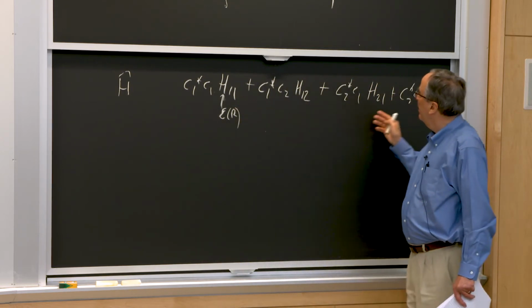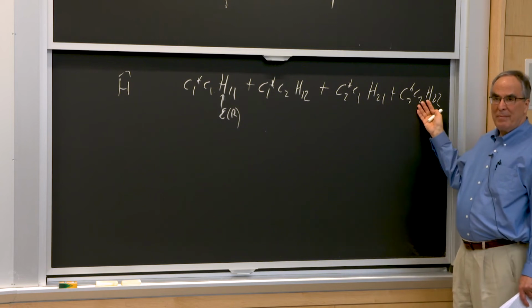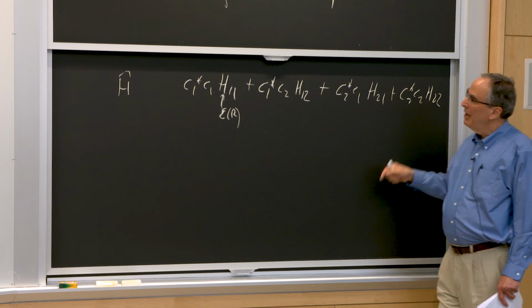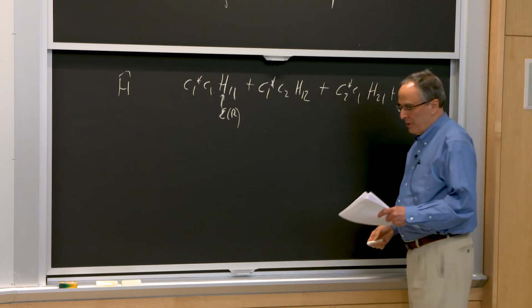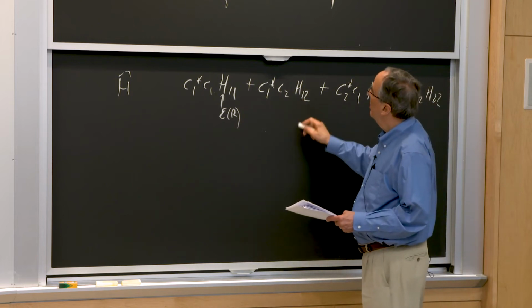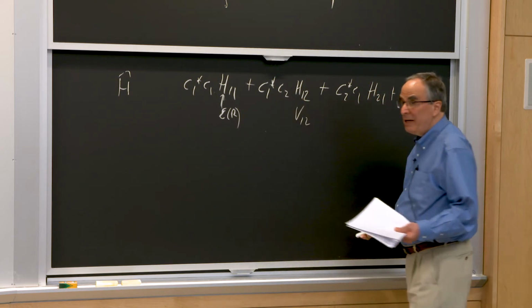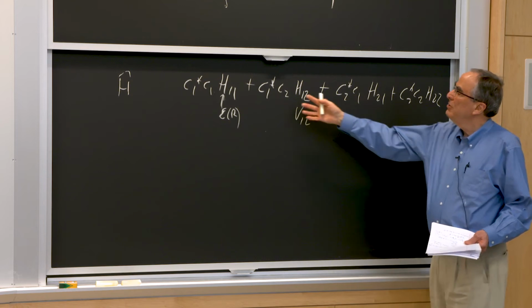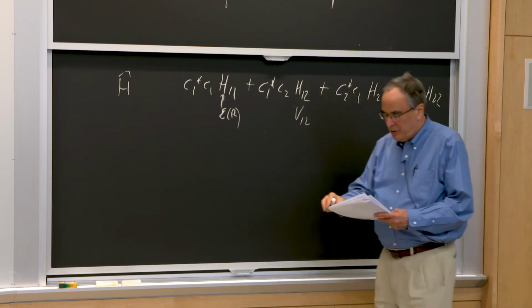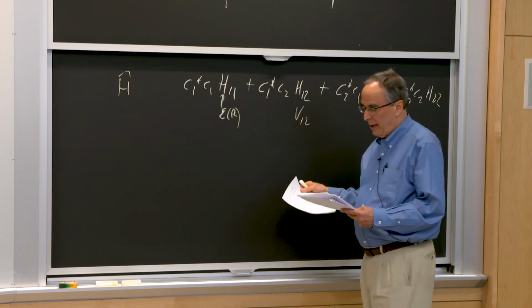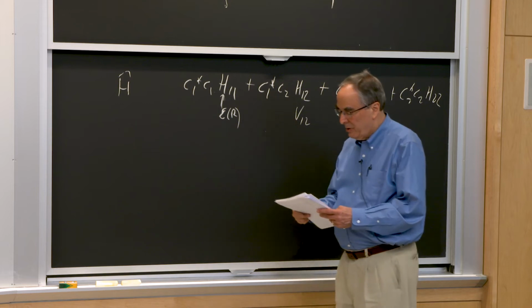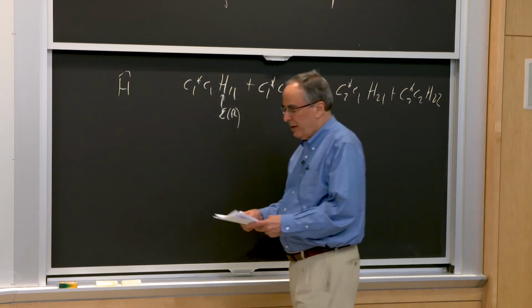But this guy is the same, because it's homonuclear. And this, well, we can call it V12 or V, and these two guys are the same thing. So we've reduced the problem to a simple equation, but I'm not going to go all the way there.